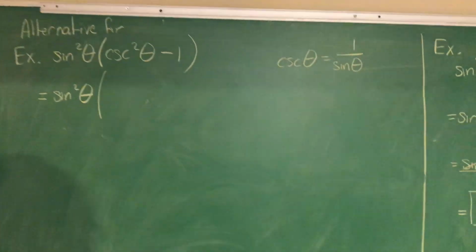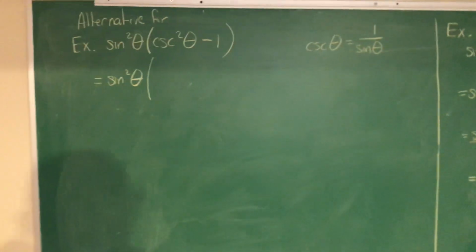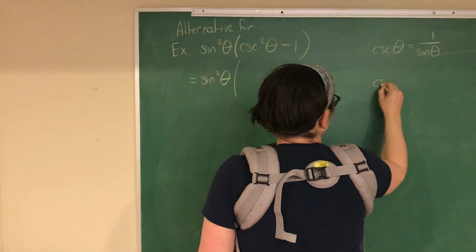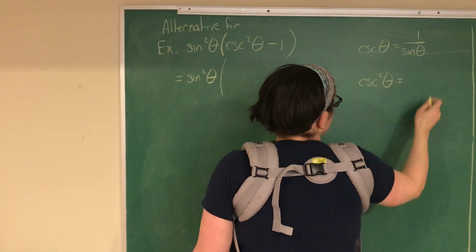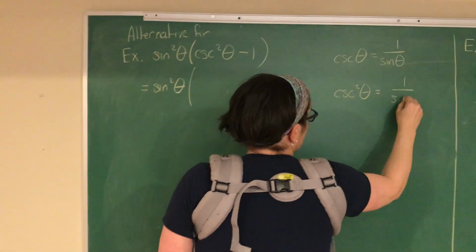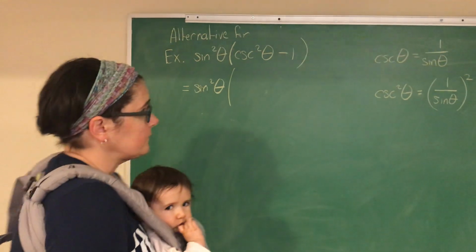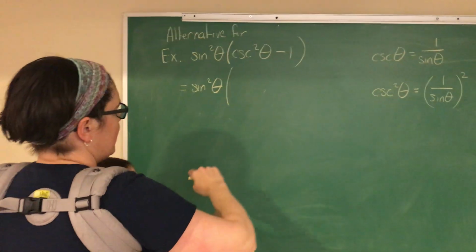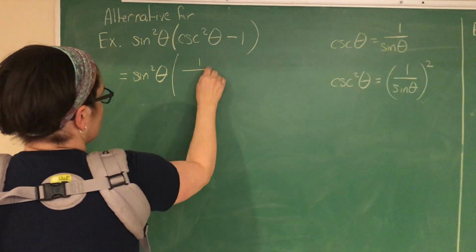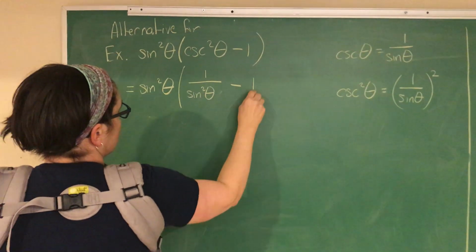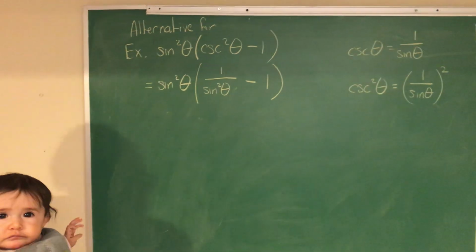That's one of our reciprocal identities. So cosecant squared is the same as 1 over sine of theta squared. I can distribute the square to the top and the bottom, so this becomes 1 over sine squared theta, and then minus 1.